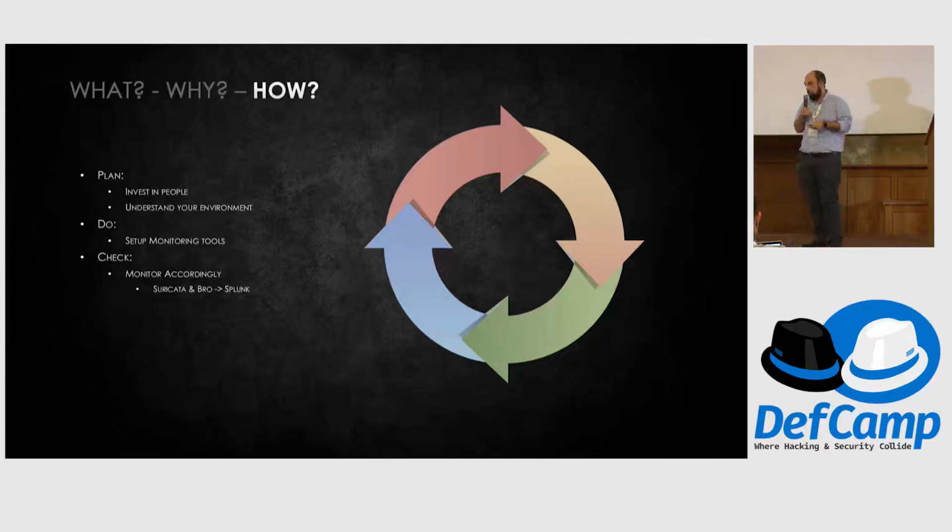So for this one, we said, okay, we need to set up Suricata IDS, we need to set up Bro IDS, for different reasons. This is why we installed two, and we'll talk about it more later. And to monitor it, we need to forward all that data to Splunk and actually look at the data.